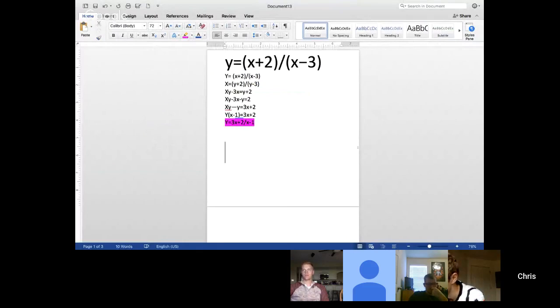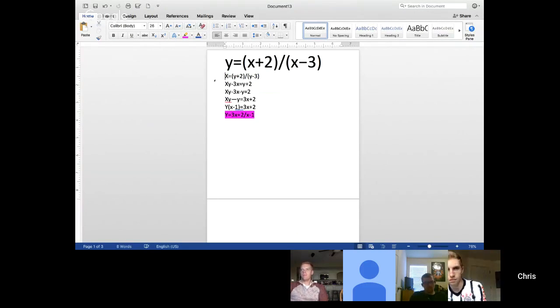Okay. So to do this one, we first start by swapping the x and the y. So that's just the original problem. It'll be x equals y plus 2 divided by y minus 3. And then we want to multiply each side by y minus 3. As you can note right there, you got rid of that, moved it over.